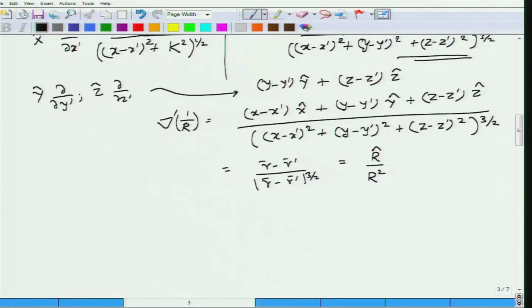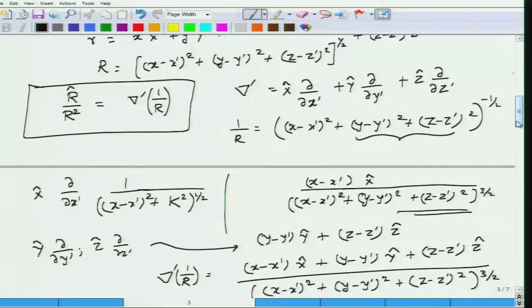So we have shown the equation that we wanted to show, that is r hat by r square is actually del prime of 1 by r, gradient of 1 by r.